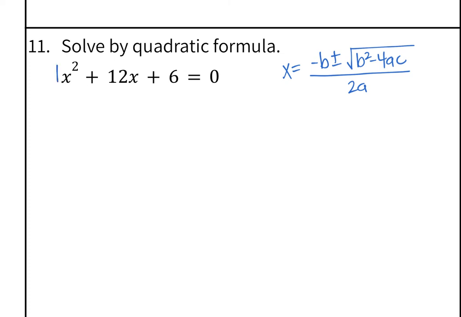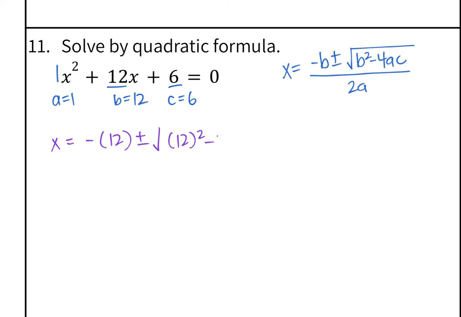So that invisible 1 that's right here, that's our a. Then b is 12, and then c is 6. We're just going to get those 3 numbers and plug them into the corresponding parts of the equation.